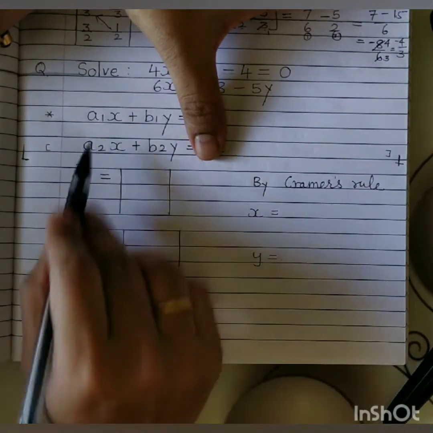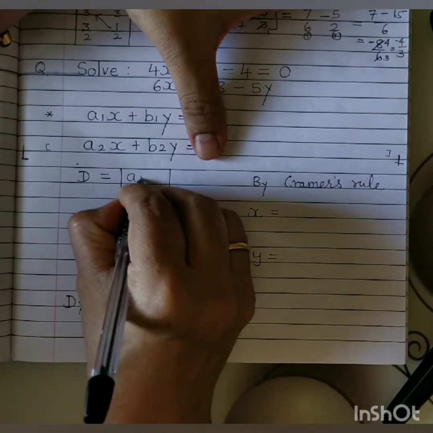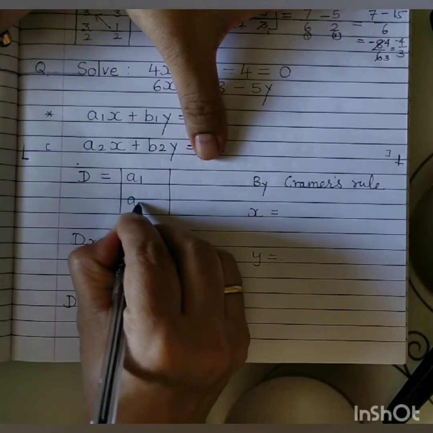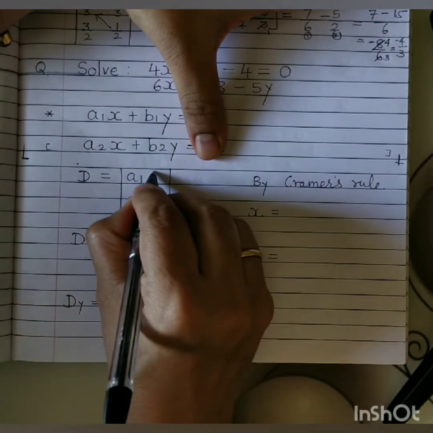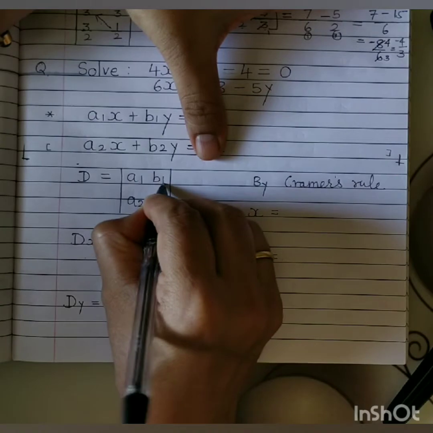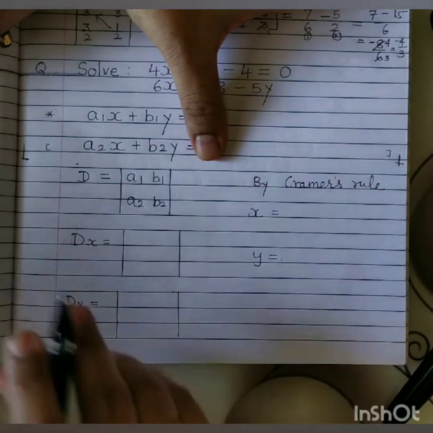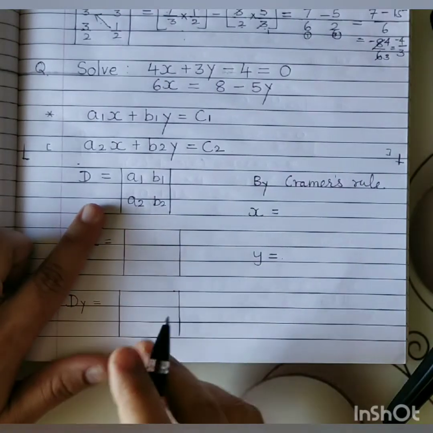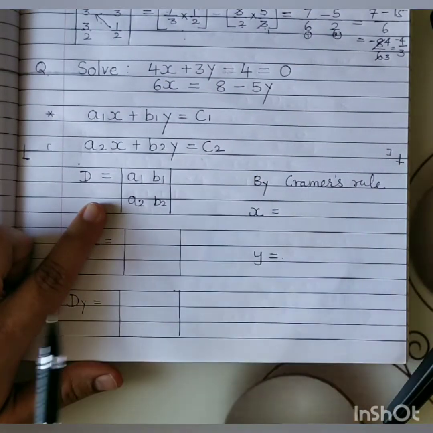The two columns you take are A1 and A2, the first column, coefficients of x, and the second column B1 and B2, coefficients of y. This is how your first determinant D is formed, and then by cross multiplication you can find its value.